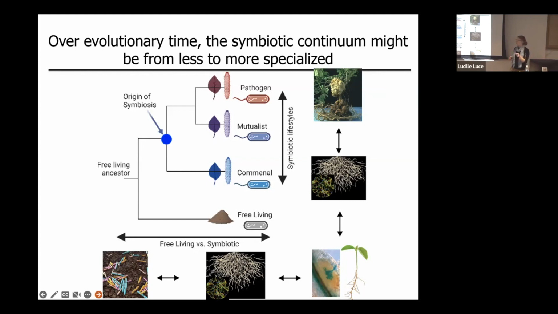Then more specific, more recently evolved adaptations, in a common ancestor of Brucella, Agrobacterium, and Sinorhizobium, all host associated, determine whether it's a pathogen or a mutualist along this continuum. This is a model that my lab thinks about a lot. First, how do you become symbiotic? And then once you're symbiotic, how do you become a pathogen, a mutualist, or a commensal?